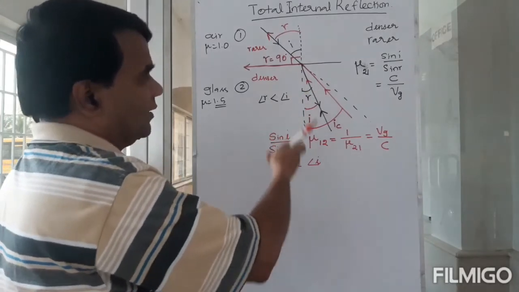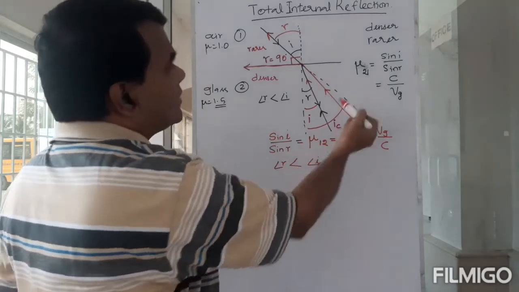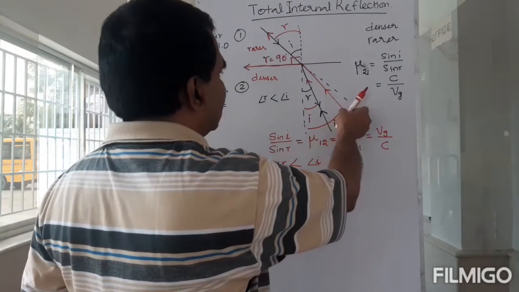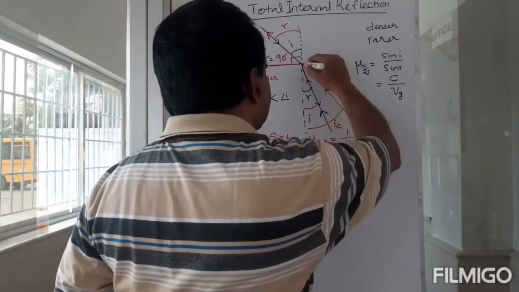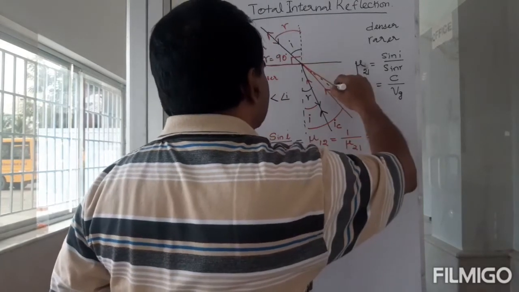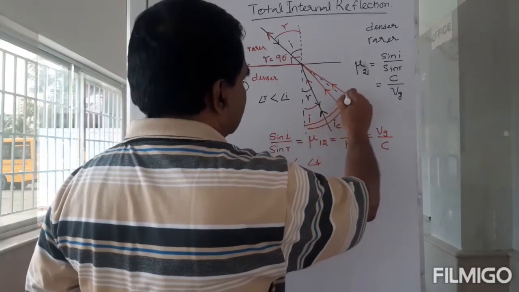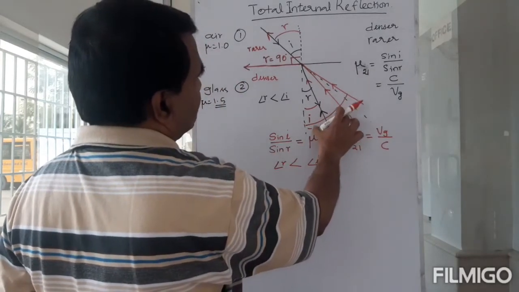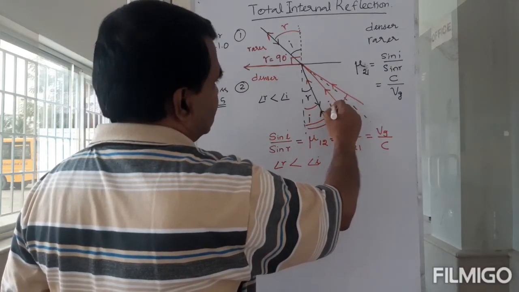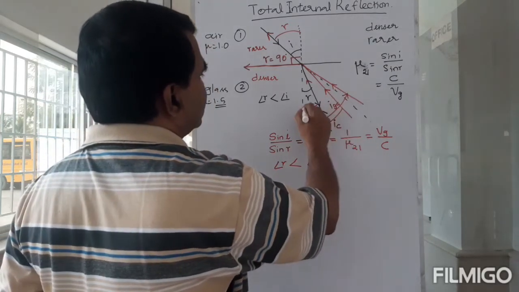Then what will happen now if you increase the incident ray beyond this critical angle? Suppose I get another ray like this. Okay. So now clearly that ray is beyond the critical angle. Okay, this is another point, greater than critical angle.